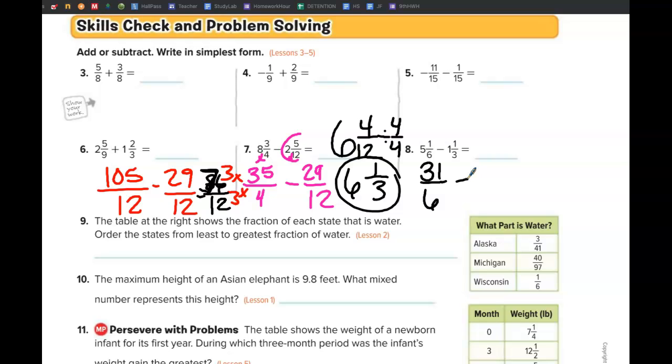Three times 1 plus 1. 4 over 3. Do I have common denominators? No. What do you want to use, Connor? 6. Okay, so what do I have to multiply this one by? 2. So then I would have 31 over 6 minus 4 times 2 is 8 over 6. 31 minus 8.